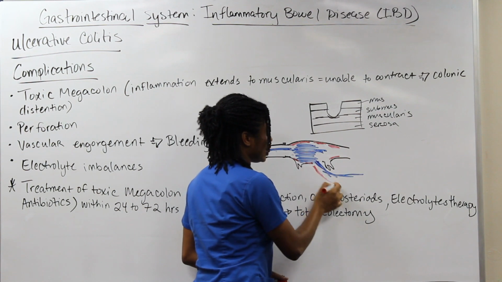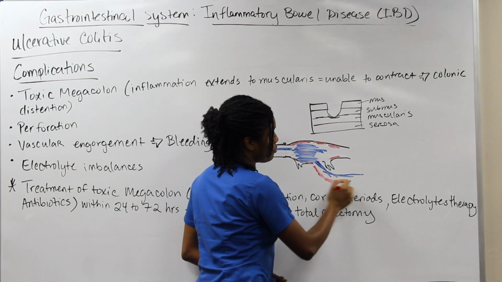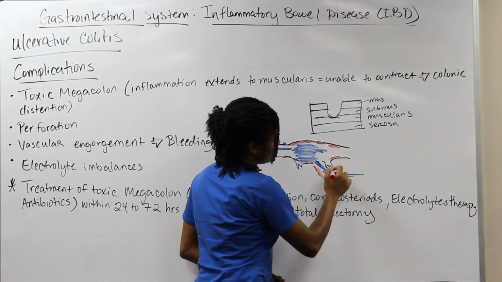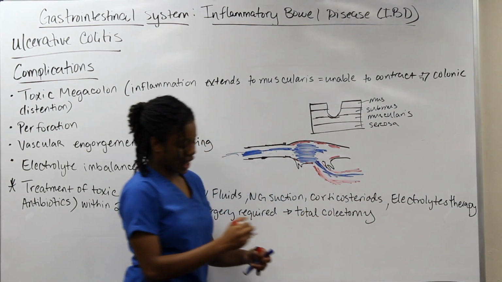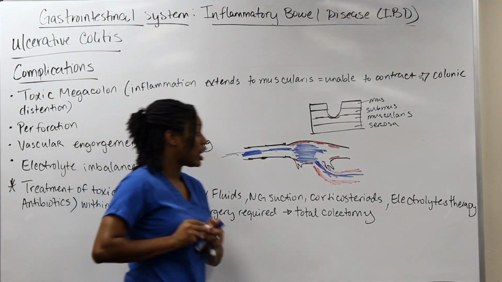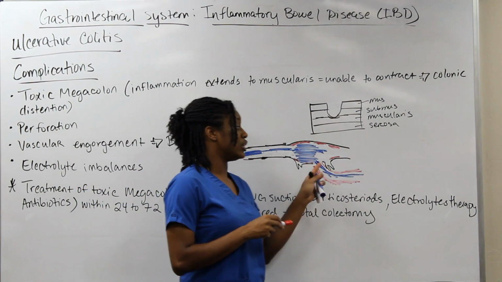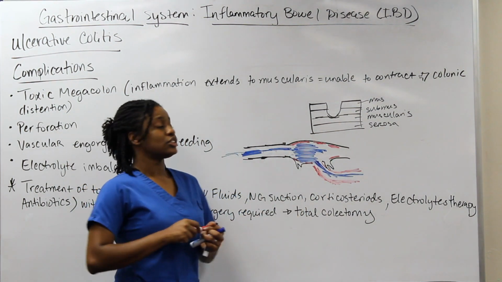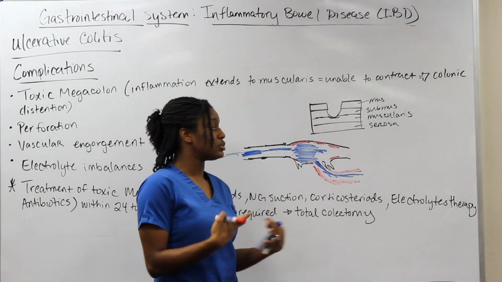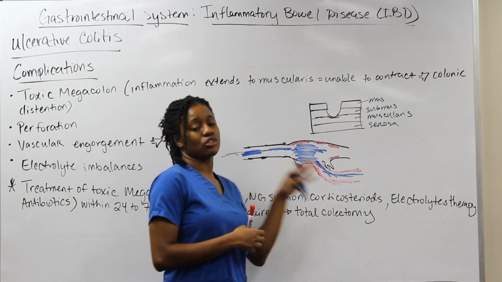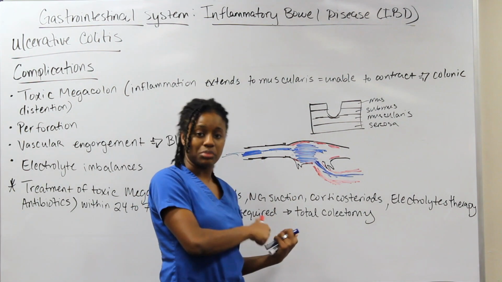There's going to be bleeding. You know, arteries have been disrupted, right? So I have bleeding, and I have my stool all coming outside of the large intestines, okay? So this is where you get the infection, the sepsis, right? And this is ultimately what you're trying to prevent. But this is a complication.